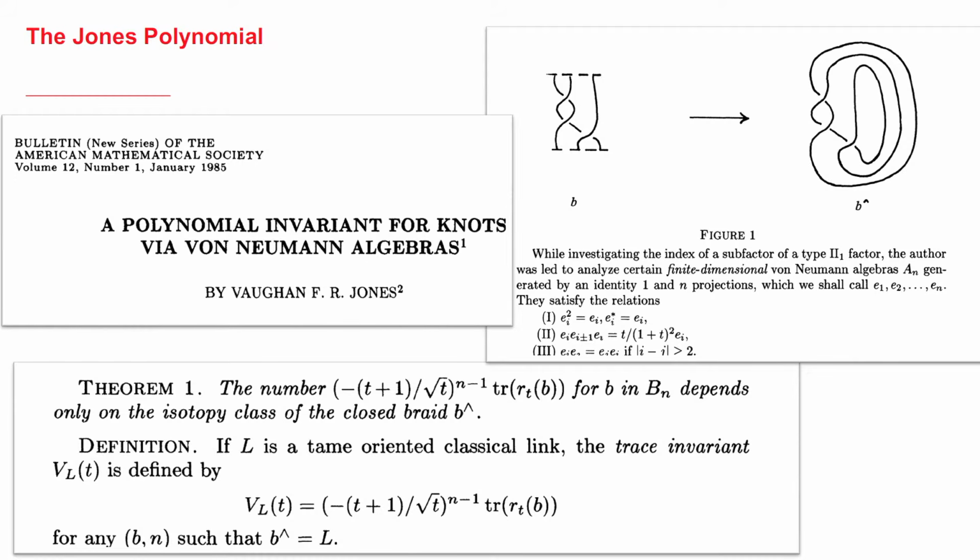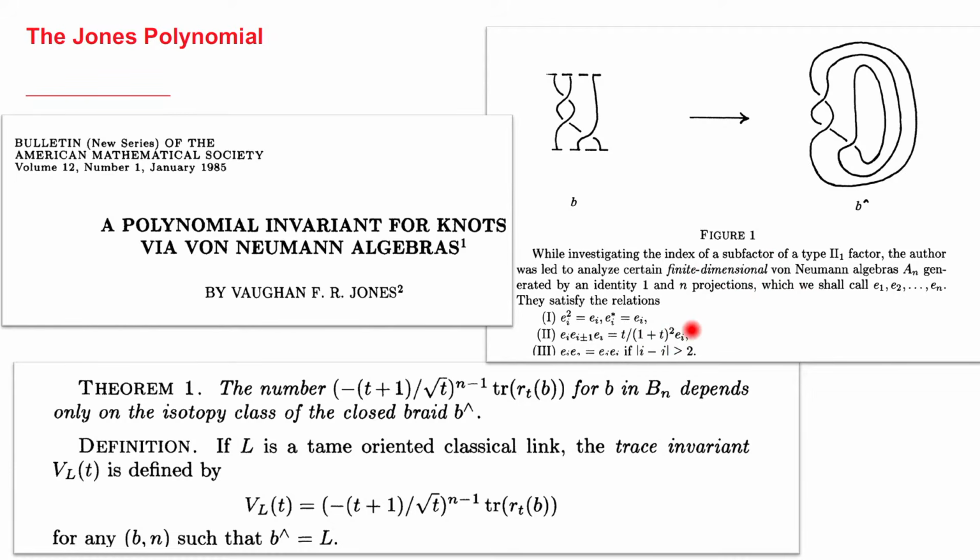So the Yang-Baxter equation actually figures into Vaughan Jones's work, where he defines the Jones polynomial. In particular, Jones defined an interesting family of representations, a one-parameter family of representations of the braid group, which he discovered from his study of von Neumann algebras, II-1 factors.